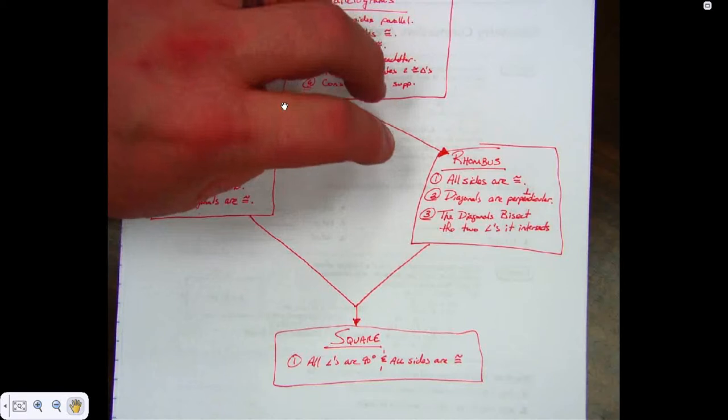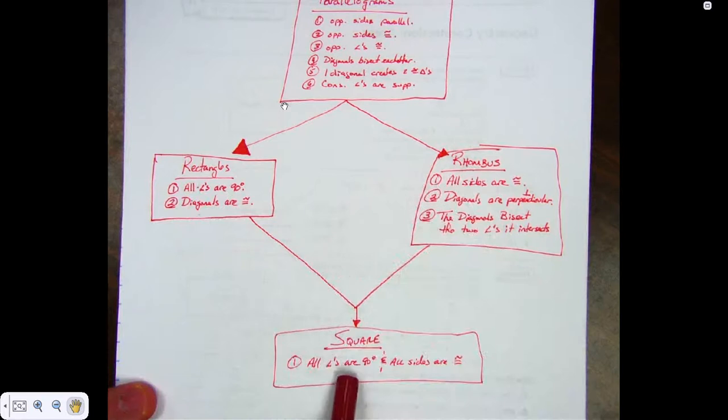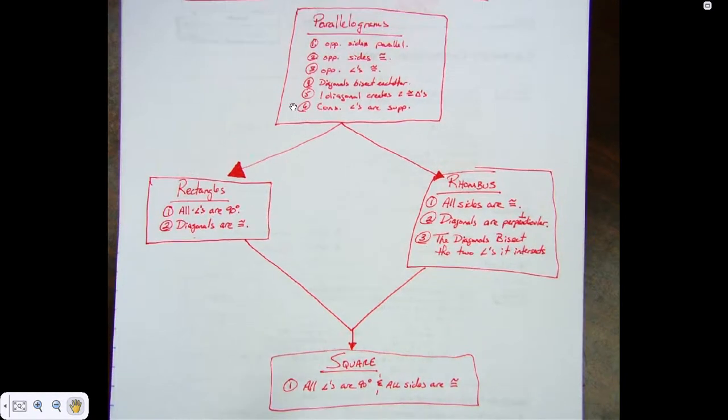Take away 2 puts me at 10. And why would you take away 2? Because aren't this one and this one the same thing down here? Yeah, so 10. So by saying something's a square, I'm saying these 10 things are true. That's pretty cool, huh?